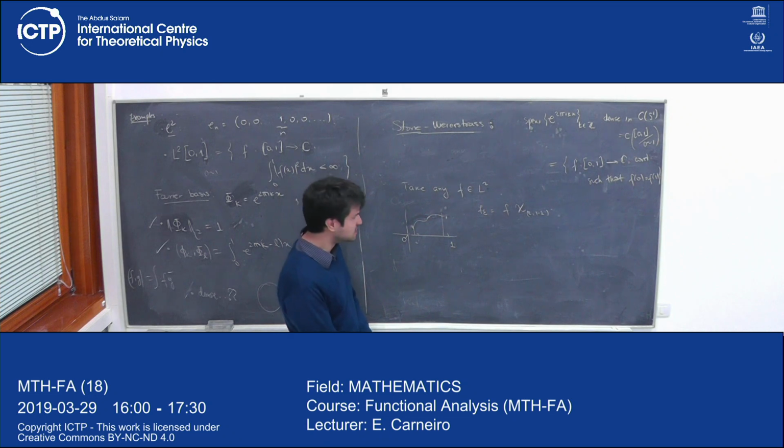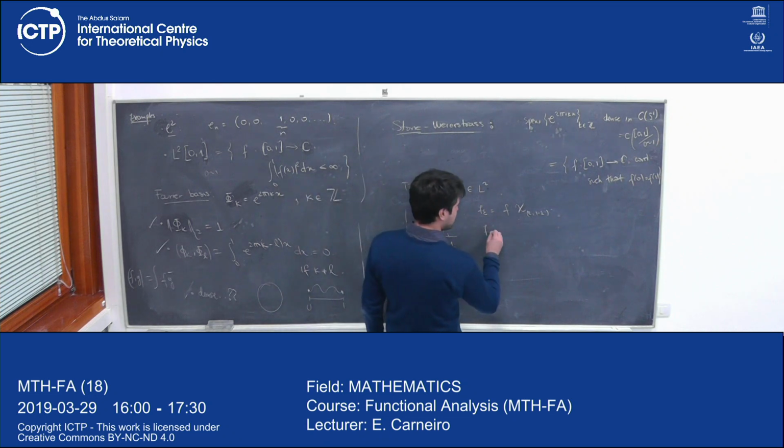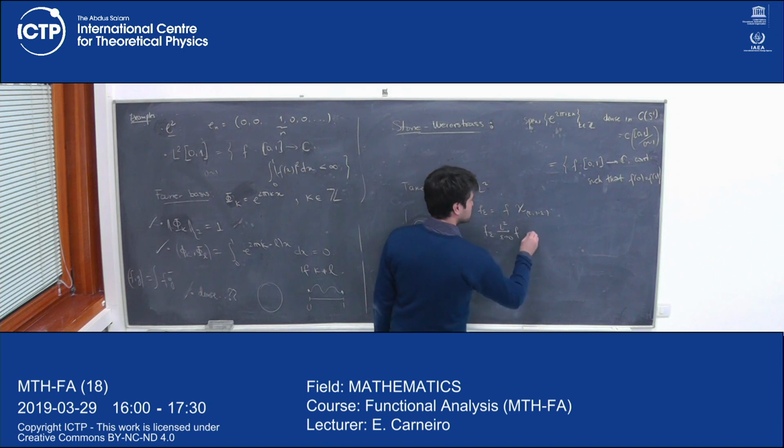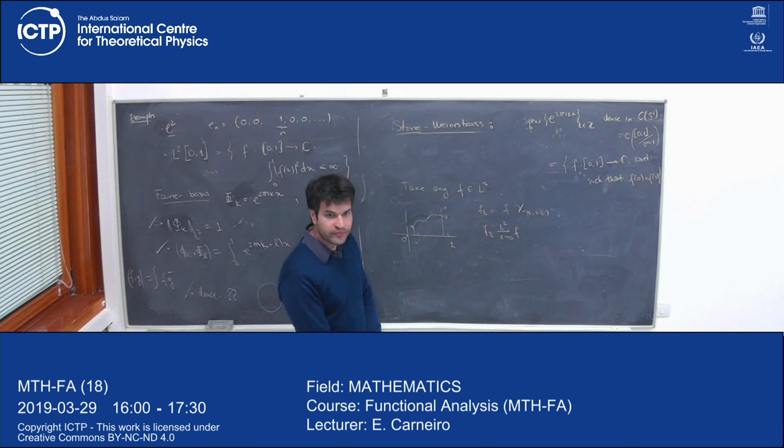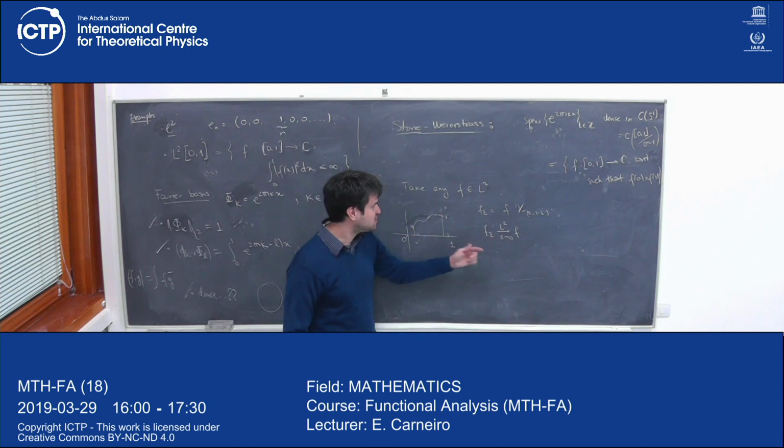So it's clear to you that f epsilon converges to f in L2 as epsilon goes to 0. That is clear, right? Because the difference is just a piece of the original f in L2, which obviously goes to 0.